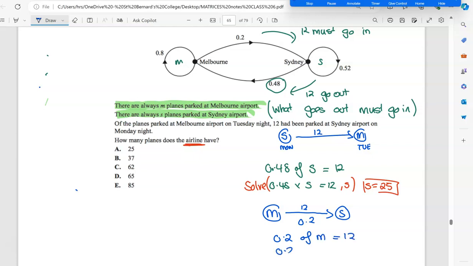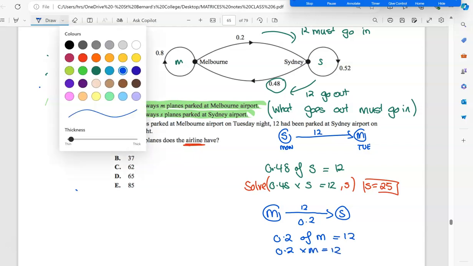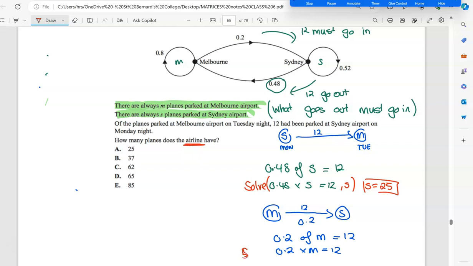And then you do 0.2 times M equals 12. And you can do solve for M. So M equals 60. So the total airline has 85.